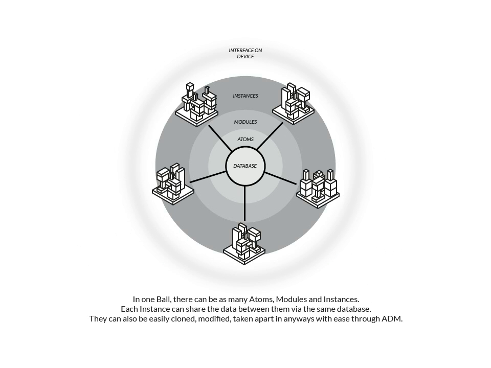So the interface is on the device, something that you can see or feel or input. So in one ball there can be as many atoms, modules and instances. Each instance can share data between them via the same database. They can also be easily cloned, modified, and taken apart in any way with ease through ADM.